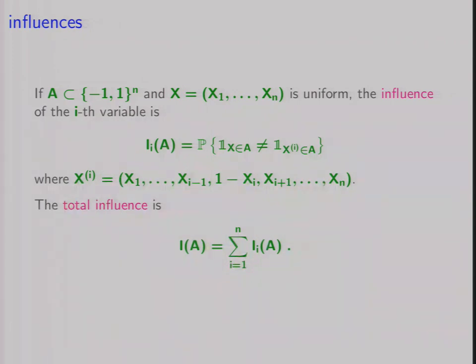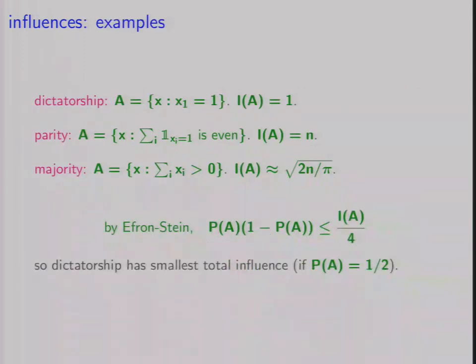So you look at the hypercube as a graph, and we count how many ways we can go in between these two. So the total influence is just the number of edges divided by 2. And it's known what's the monotone set that has the smallest number of edges going out. That's just the majority. This is called the Hamming ball.